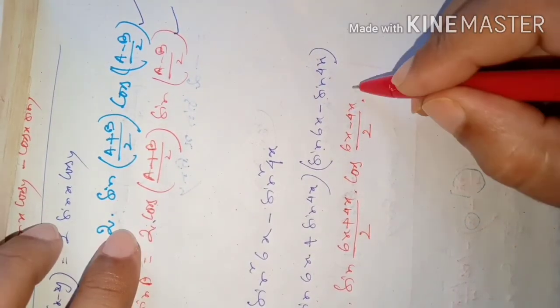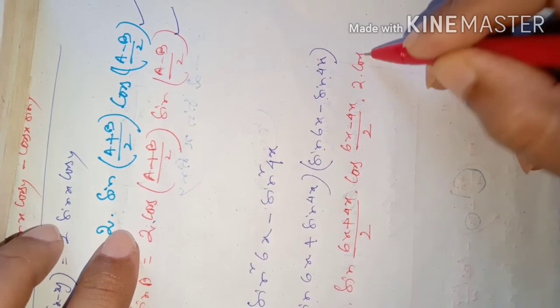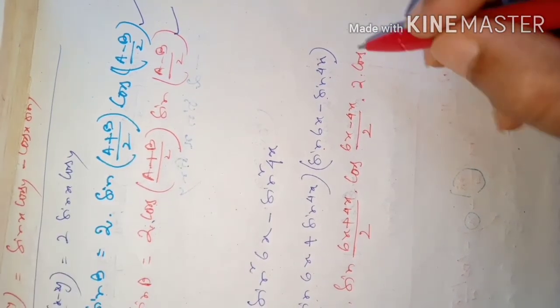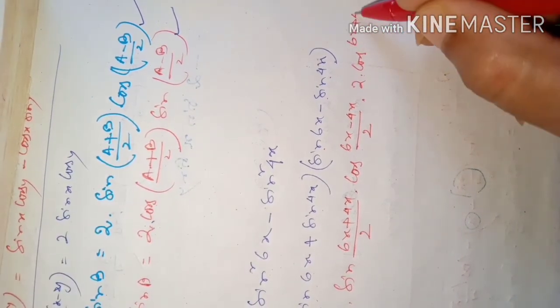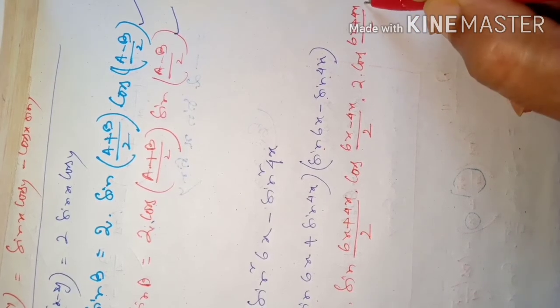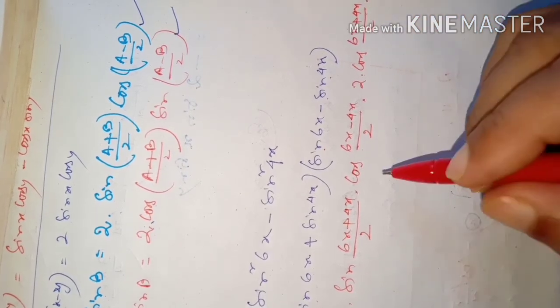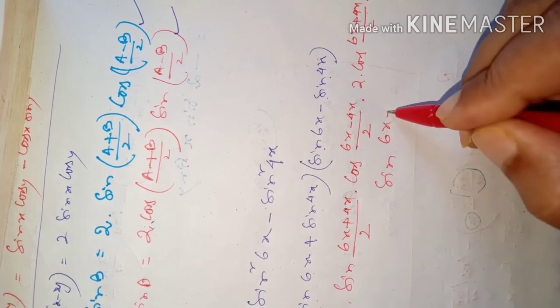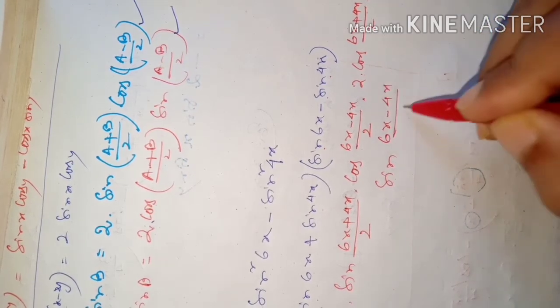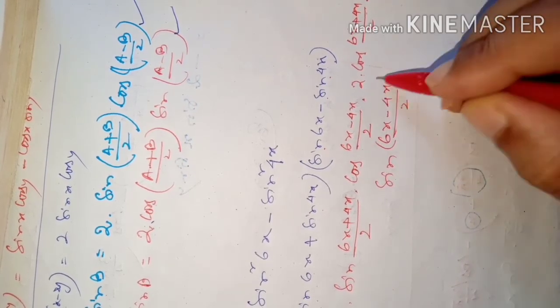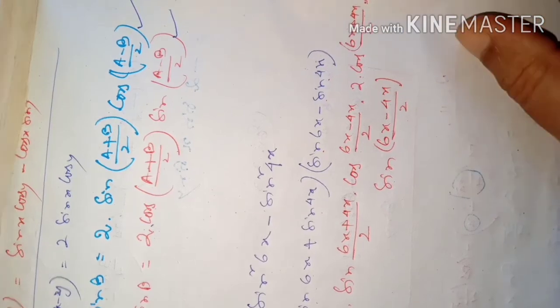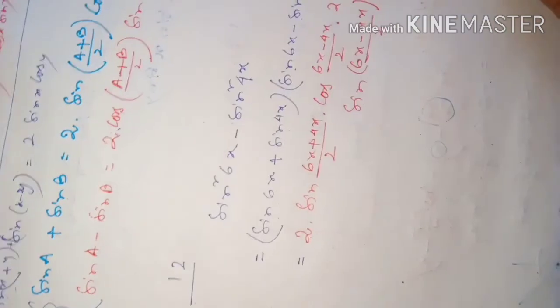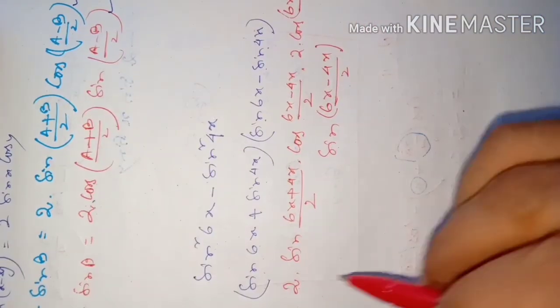Similarly, sin 6x minus sin 4x can be written as 2 times cos of a plus b by 2, 6x plus 4x by 2, into sin of a minus b by 2, 6x minus 4x by 2. So this is the whole expression. Okay, dear students, so what shall I get from here?